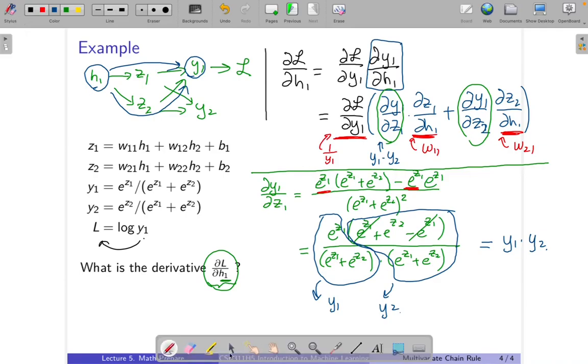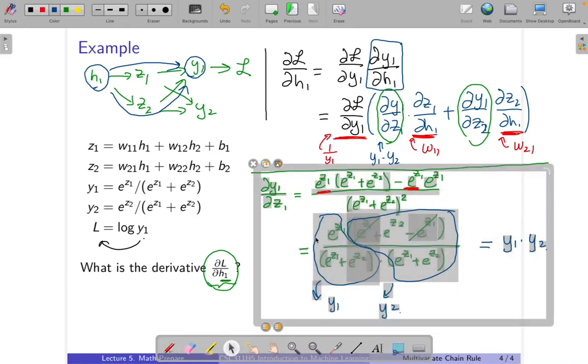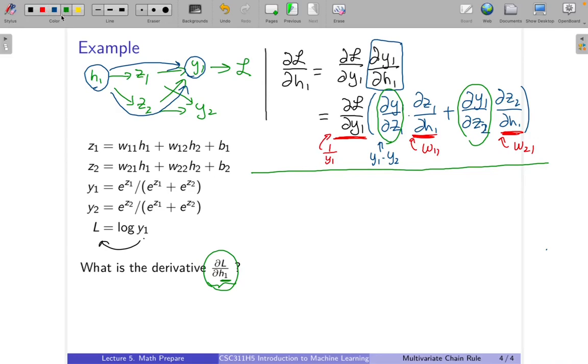All right, now let's look at the other derivative. I'm going to clear up some space here, and let's compute the derivative of y1 with respect to z2. Same thing, quotient rule.